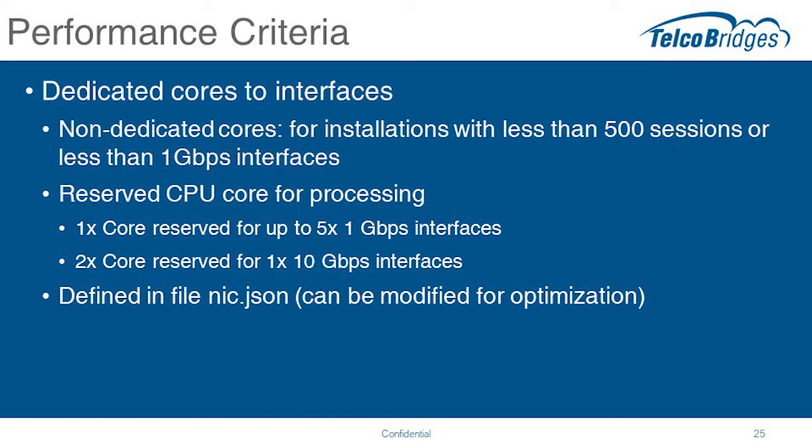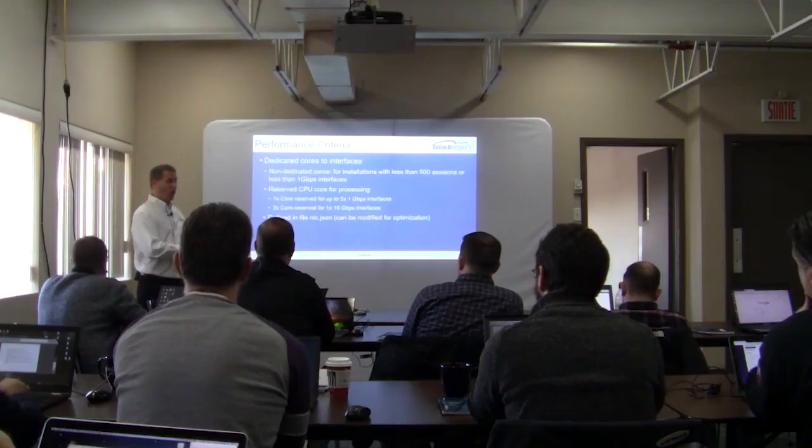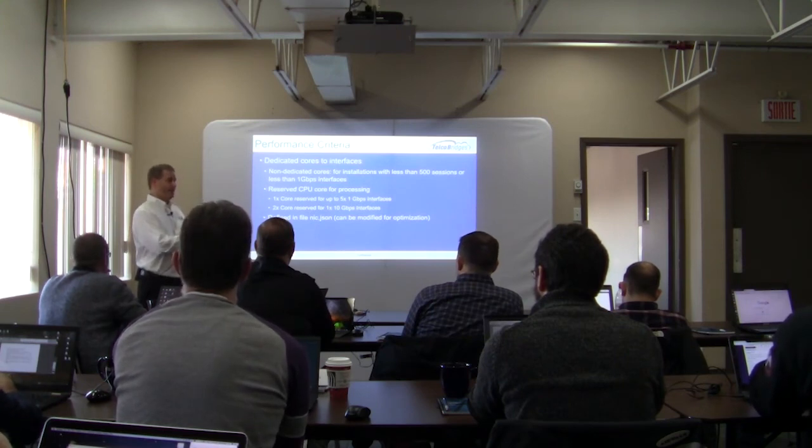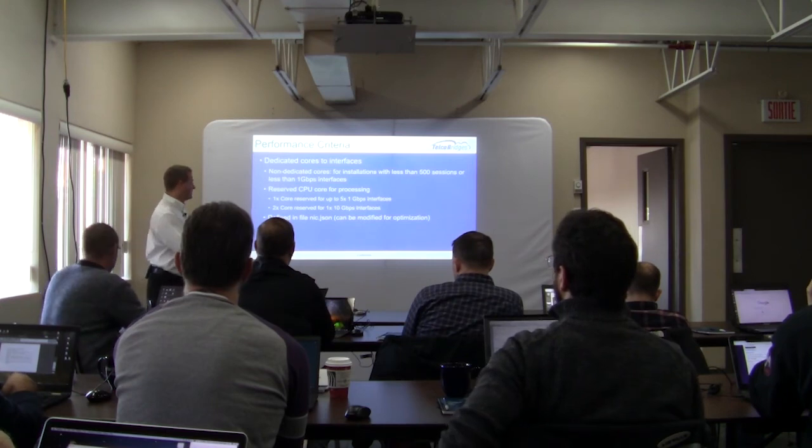Then you can have reserved CPU. We allocate a CPU specifically for processing of the packets received. So mostly, when you choose reserved CPU, let's say you have two 1 gigabit per second interfaces and you choose dedicated cores, it's not going to reserve one core for each of them.